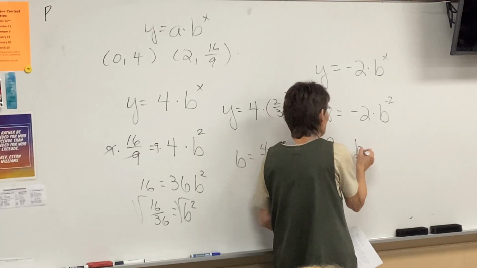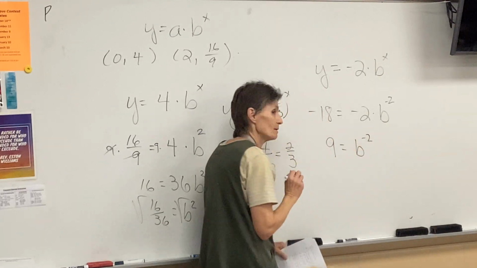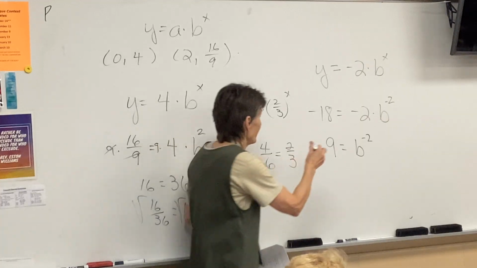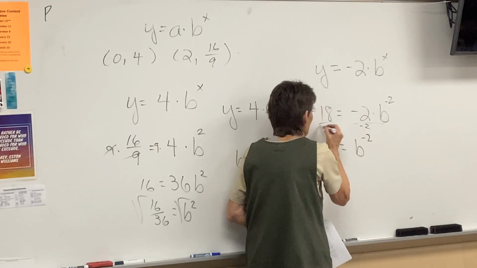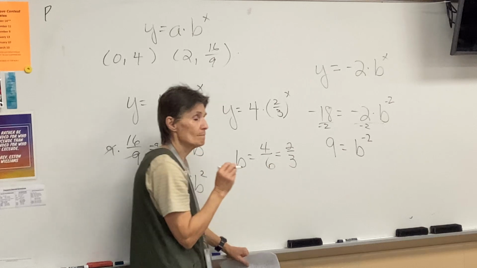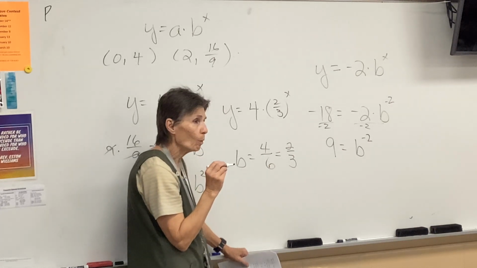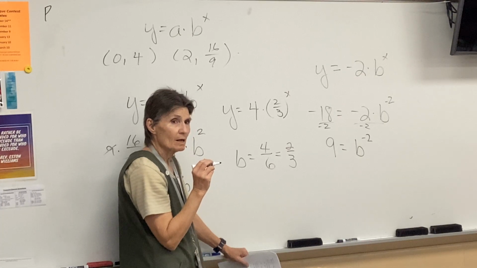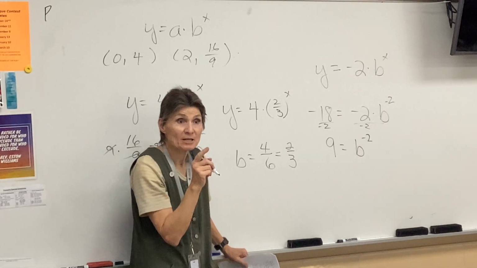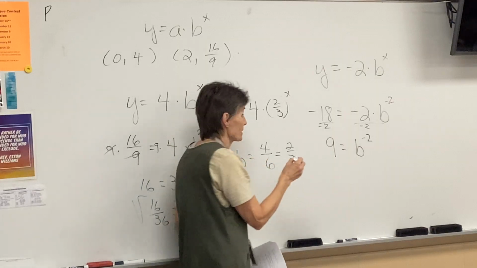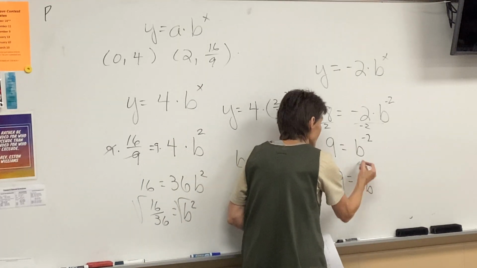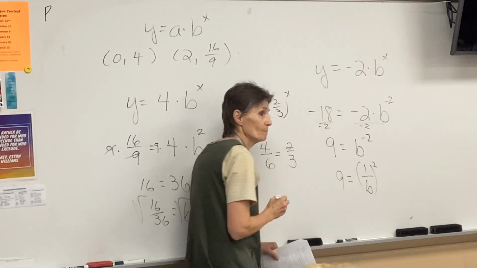9 equals b to the negative 2. Does anybody know what I did? What did I do there? Divided by negative 2. Am I allowed to do that? Yeah. Now what? Make it a fraction. Gotta make it a fraction because that's what we do with negative exponents. So 9 equals 1 over b squared.